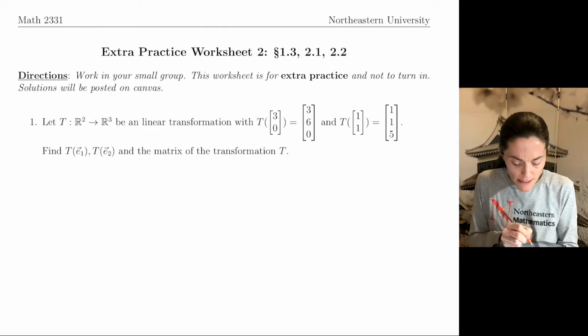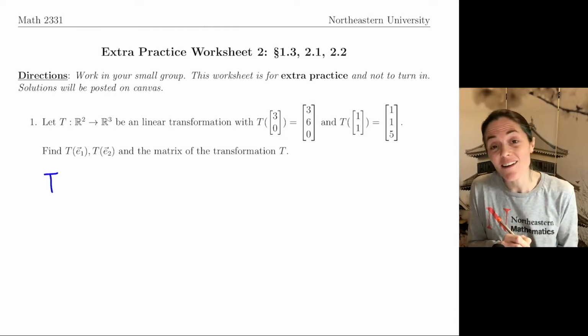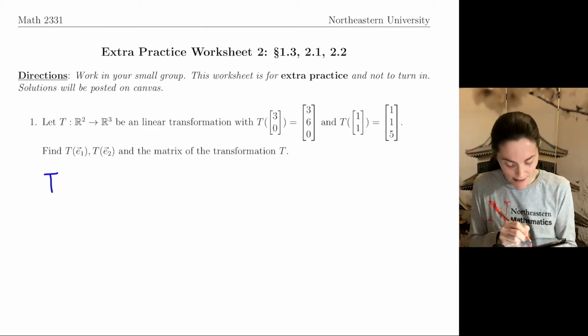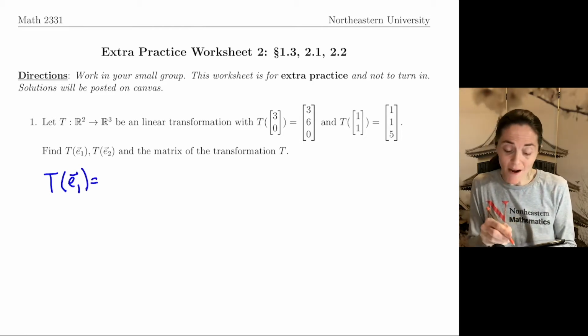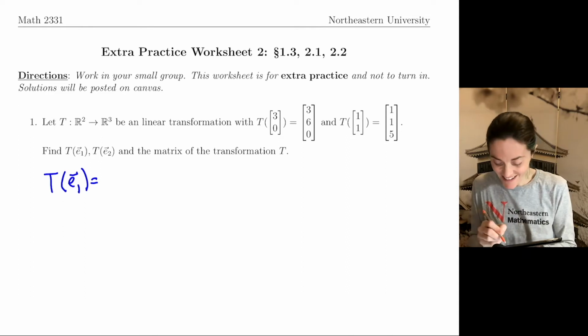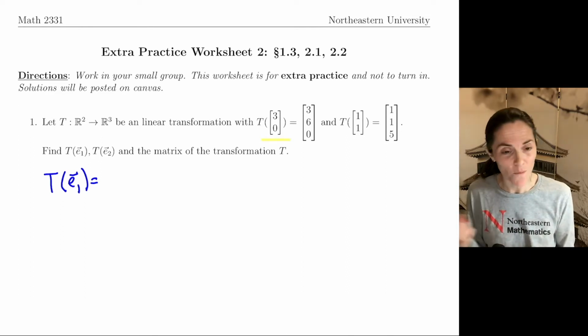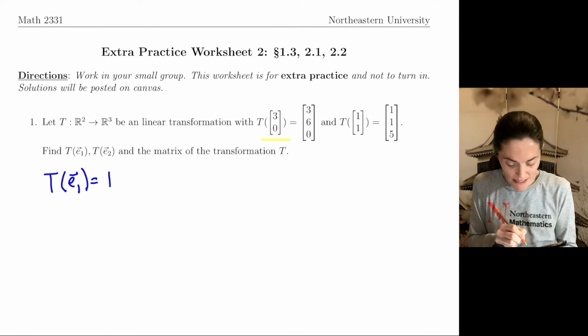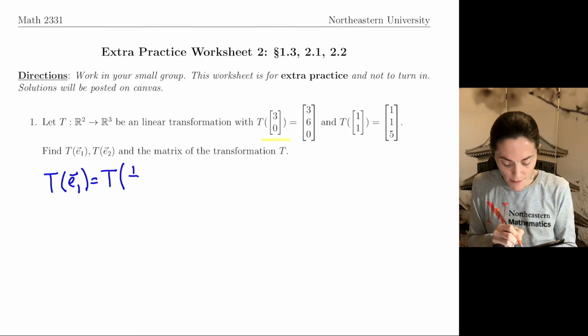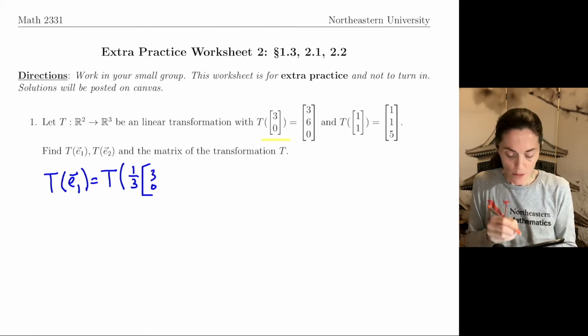So let's start off with T of E1. I will say we are going to have to use properties here. T of E1, well, you notice we are given T of 3E1. So this would be T of, well, we can write E1 as 1/3 times this vector, 3, 0.